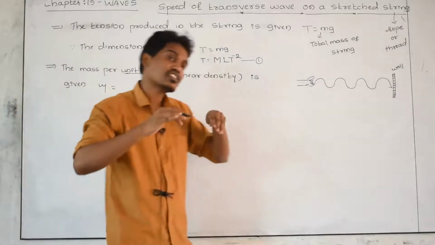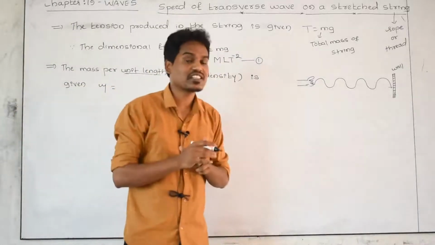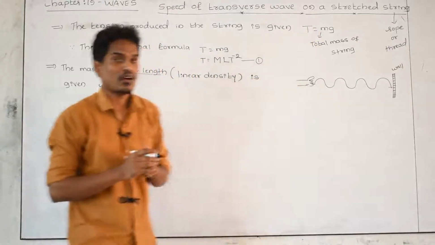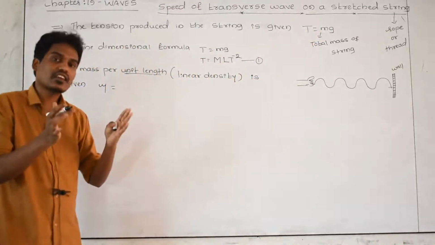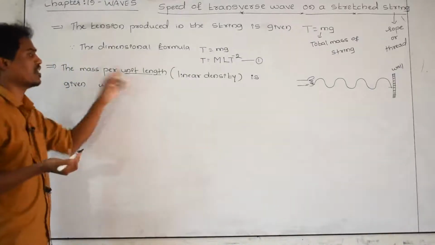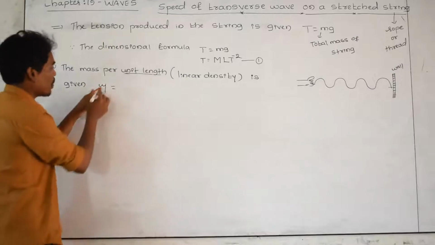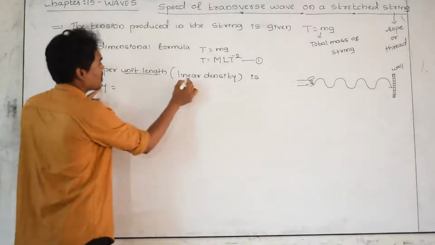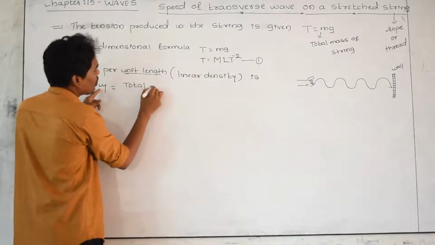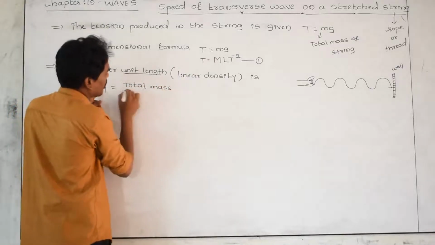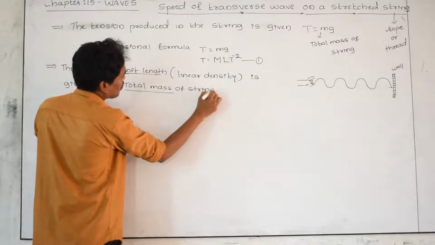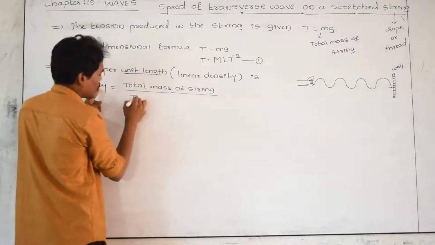What do we call the total mass for the total length? Capital M. What do we call the mass of a 1 meter length? Mass per unit length. How to find mu, mass per unit length? It is also called linear density. This is total mass of string divided by total length of string.